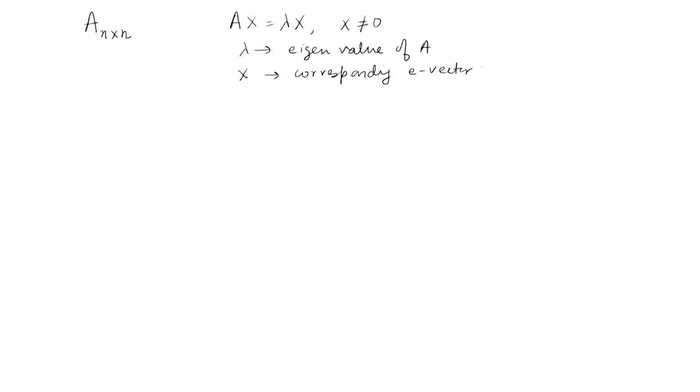Then if Ax equals lambda x where x is not equal to 0, then this lambda is called an eigenvalue of A, and x is called the corresponding eigenvector of A, or eigenvector corresponding to lambda.